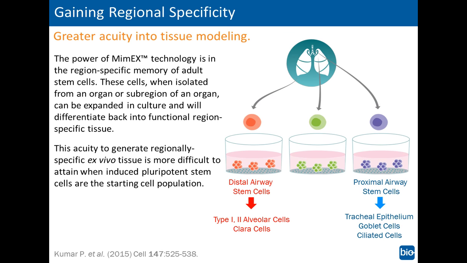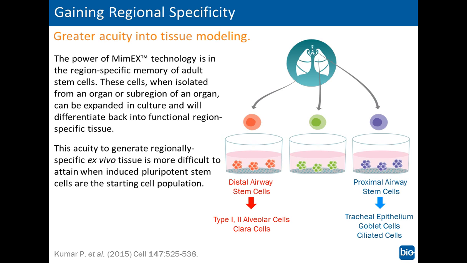Another important benefit is the regional specificity. So the stem cells retain the memory of the site from which they were taken. So for example, on the right, if you are looking at the airway system, if you derive stem cells from the distal airway, as shown here in red, you will then differentiate into type 1, type 2 alveolar cells and Clara cells.